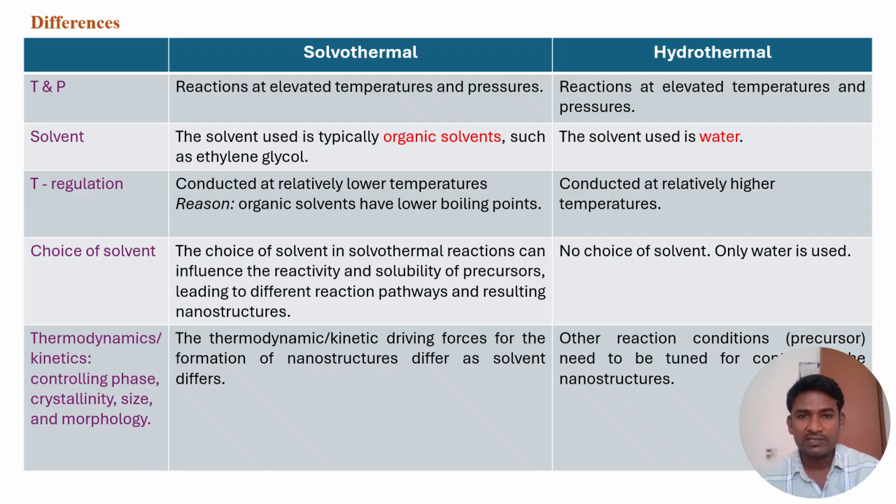Now we are supposed to understand the difference. What is solvothermal and hydrothermal? Here we can see the difference is based on the temperature, pressure, solvent, and then the thermodynamics and kinetics. Here I want to tell you an interesting thing: if we want to control any reaction, there are two important aspects to always remember.